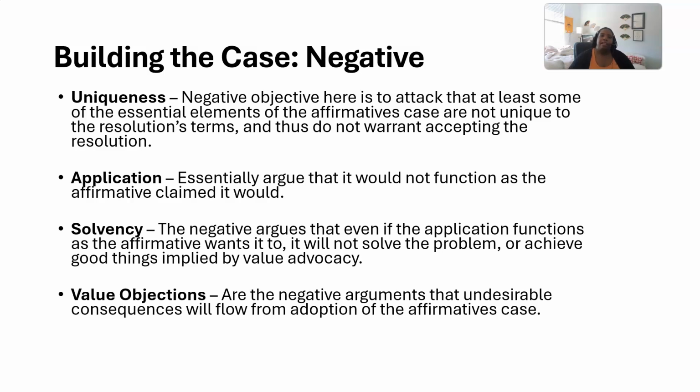You can attack some of the essential elements of the affirmative case, like whether it's unique to the resolution's terms. You can talk about the application. If they have a plan and say, here's how our plan is going to work, here's how we're going to lay it out, you can say, no, that's not feasible because of A, B, and C. It could be budgetary limitations, or it can be just not very logical when implementing it.